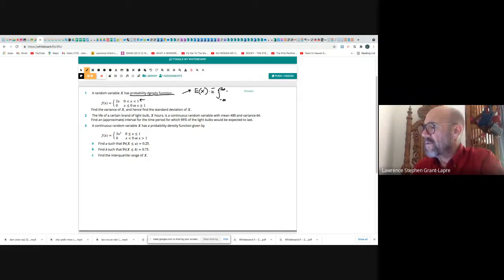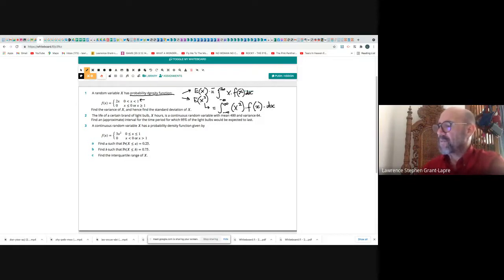Then we do x times f of x dx. We've also done expected value of x squared, which is not just x f of x, but x squared times f of x dx. So that's what we were doing in the previous lessons.